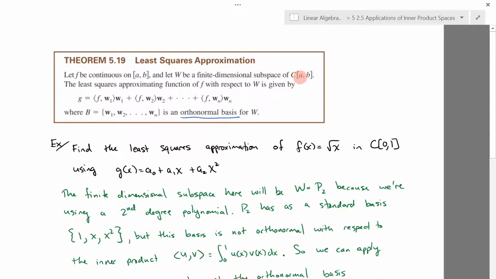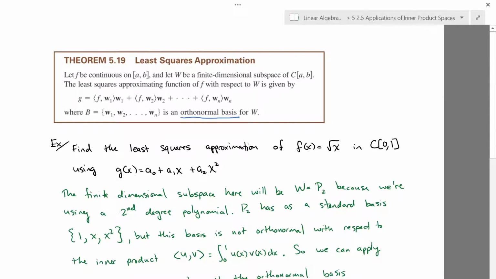Because we're dealing with the continuous functions from A to B, and P2 as a subspace of this vector space, we need to use the inner product from the continuous function space, which is exactly this inner product. And so the standard basis is not orthonormal with respect to this inner product.